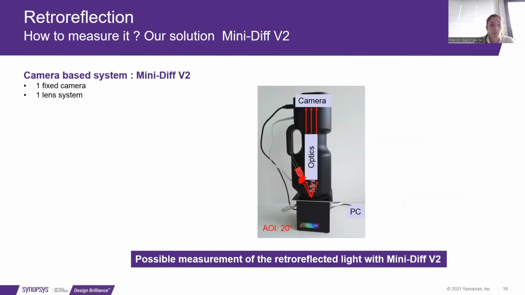However, with our camera-based system mini-diff V2, thanks to an optical system, it's possible to measure retroreflected light. Here you have the source, and this system of lenses permits to collect and send to the camera all the scattered light, even the retroreflected.